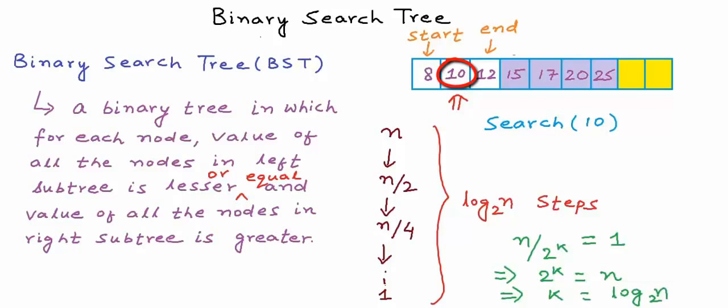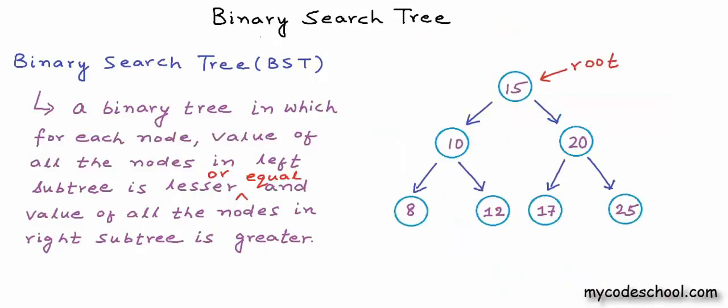Now if we use this binary search tree to store the integers, the search operation will be very similar. Let's say we want to search for number 12. What we'll do is start at the root and compare the integer to be searched with the value of the root. If it's equal, we are done with the search.